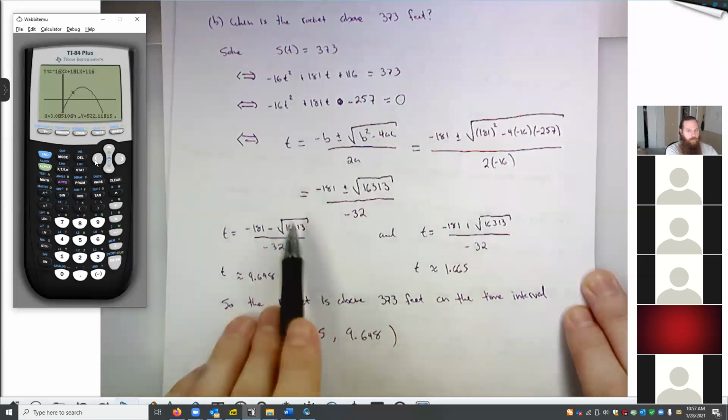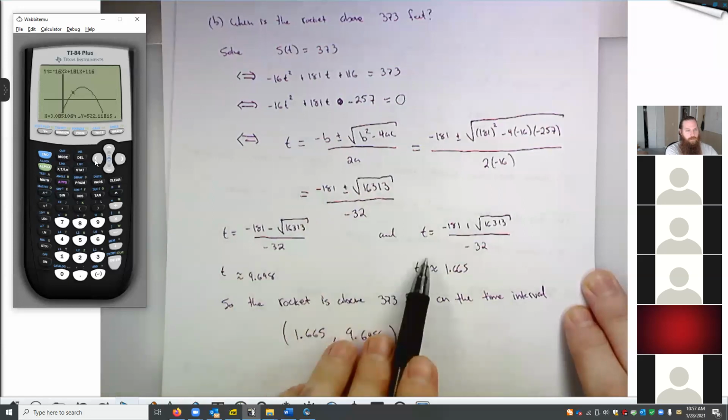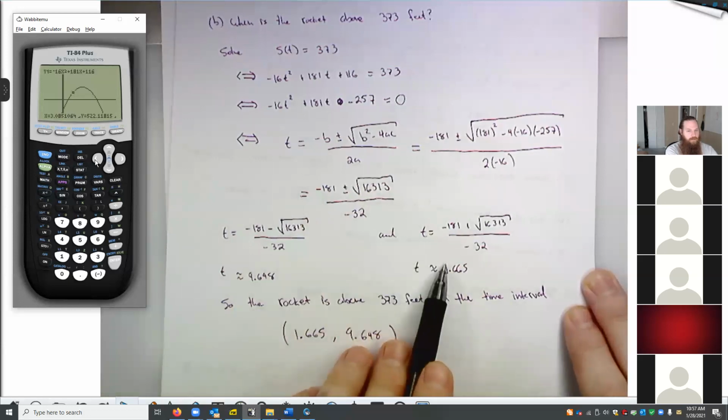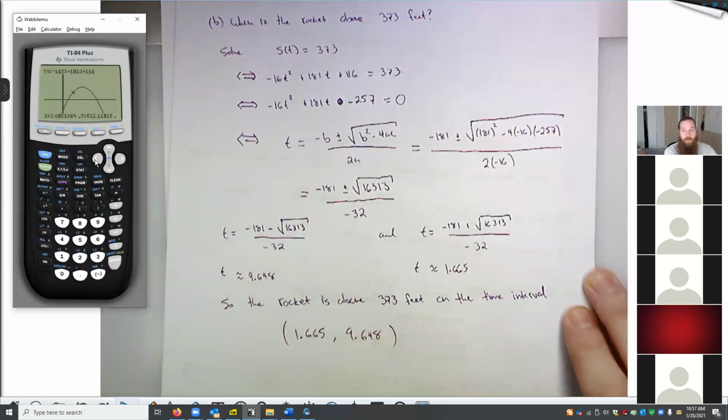From our graph, we know that between these 2 t values, between 1.6 seconds and 9.6 seconds, this rocket is above that height. This is our time interval. We don't include the endpoints because at those endpoints, the rocket is exactly at 373 feet, not necessarily above.